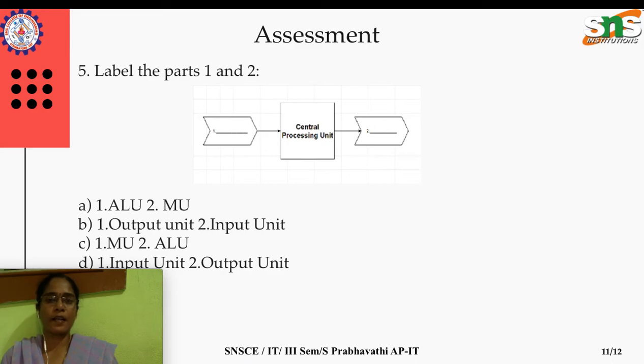The main part of a computer system is the functional unit. The functional unit covers the input unit and output unit, together called the input output unit, the ALU, arithmetic logic unit, and the CU, control unit. Together these are called the processor, followed by memory.